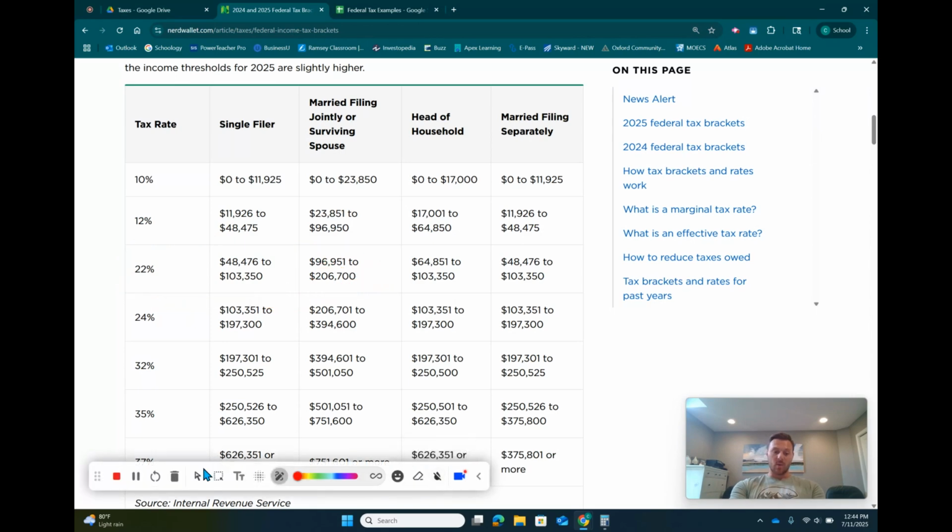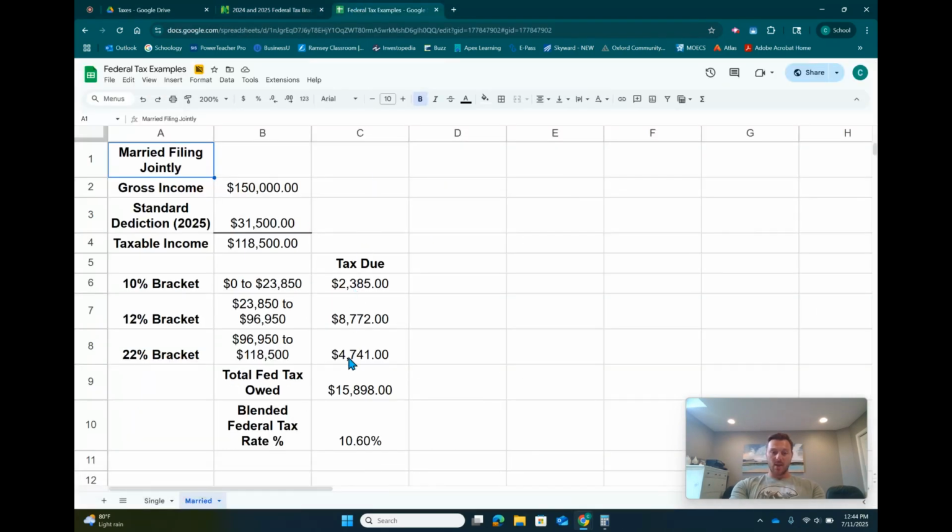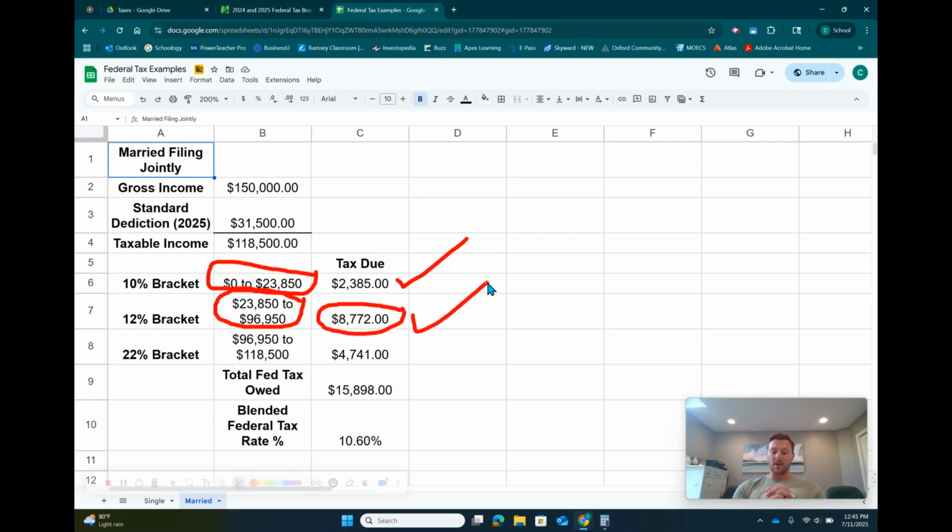And so now, once we go back, you're going to notice that for the 10% bracket, we can make up to 23,850. Everyone who makes more than that and is married will pay 10% tax on that money. Then we move to the 12% bracket, which goes all the way up to almost 97,000. And so if you make over that, you'll pay the full 12% tax in that bracket of 8,700.